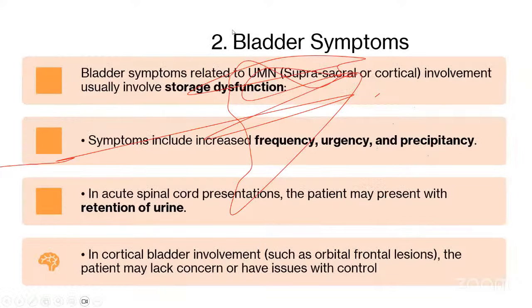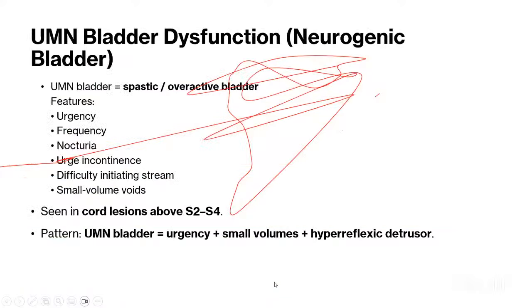And the history is never complete without asking about the bladder. Bladder symptoms related to UMN involvement are mainly because of storage dysfunction. The symptoms include frequency, urgency and precipitancy. In acute spinal cord presentation, they may have retention of urine. In cortical bladder involvement, like orbitofrontal lesions, the patient may have lack of concern or issues with control of urinary symptoms.